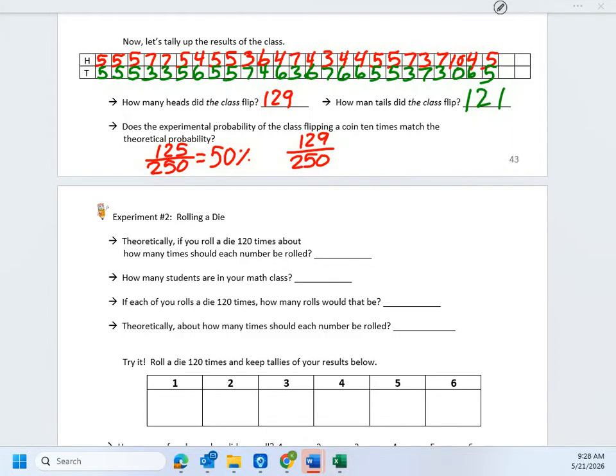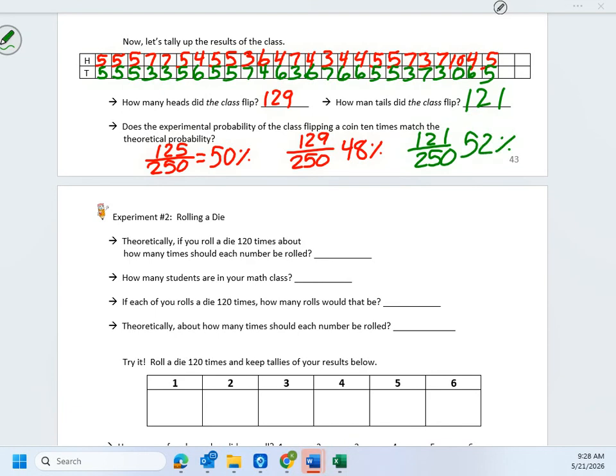And for the tails, we had 121 out of 250. What is the probability of each of those? What's the percent? Who can tell me the percent for the heads? Fernanda. 48%. And what is that percent for tails? Jack? 52%.